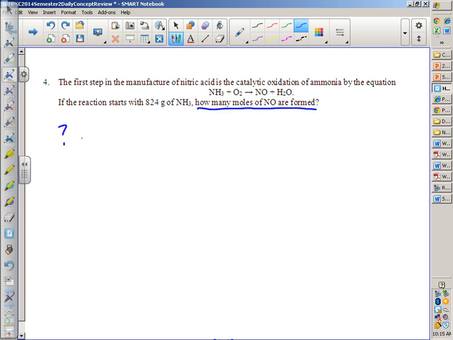So question mark, moles of nitrogen monoxide. Things they gave us. The reaction starts with 824 grams of NH3. So 824 grams of ammonia. That's NH3.